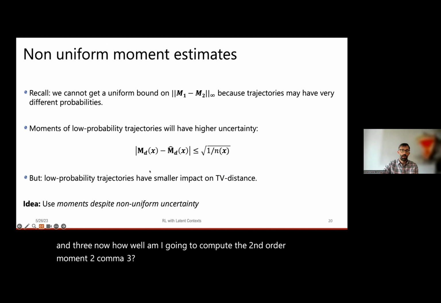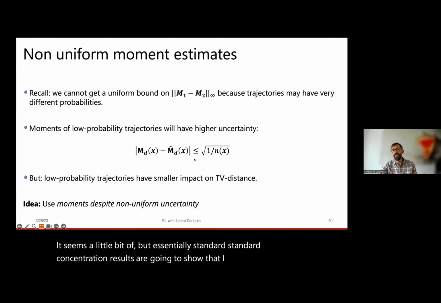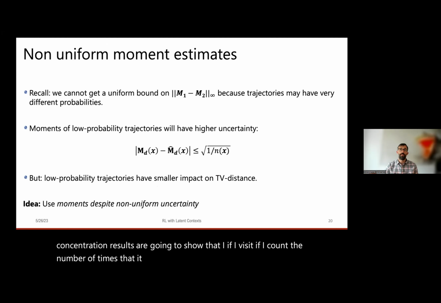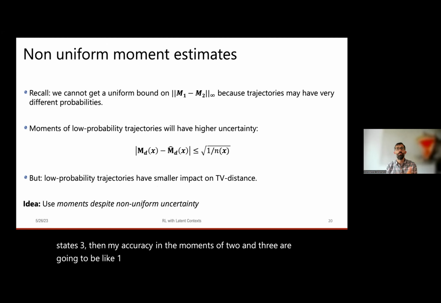Well, essentially standard concentration results are going to show that if I count the number of times that I take trajectories that include states 2 and 3, then my accuracy in the moments of 2 and 3 is going to be like 1 over the square root of the number of visits.